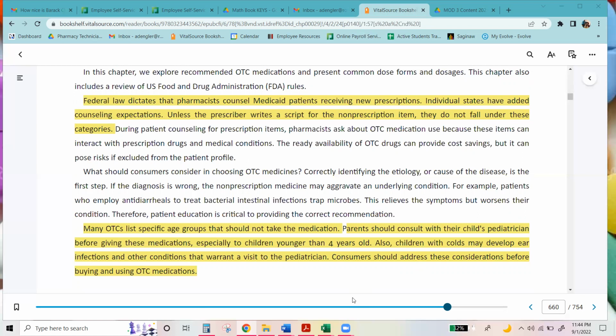Parents should consult with their children's pediatrician before giving them medications that are over the counter, especially to children younger than 4 years old. Children with colds may develop ear infections and other conditions that warrant a visit to the pediatrician. Consumers should address these considerations before buying and using OTC medications.